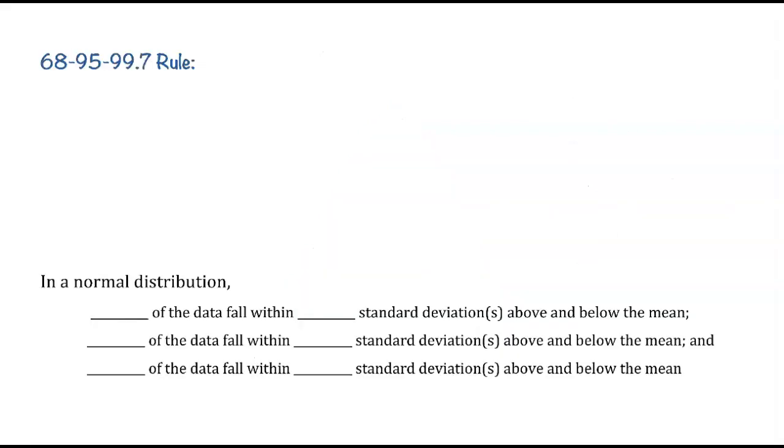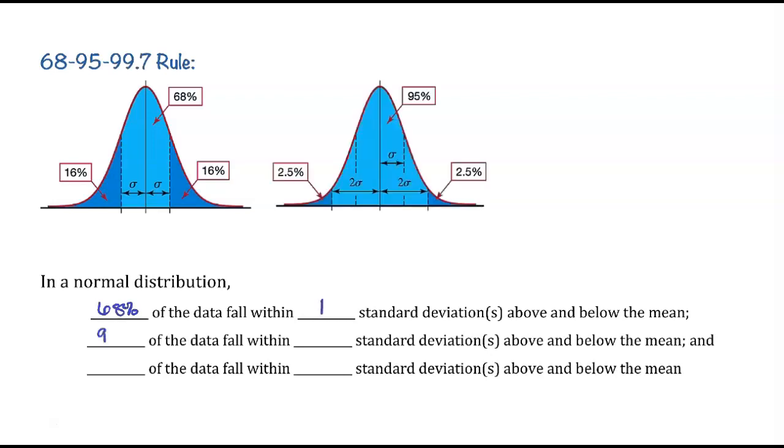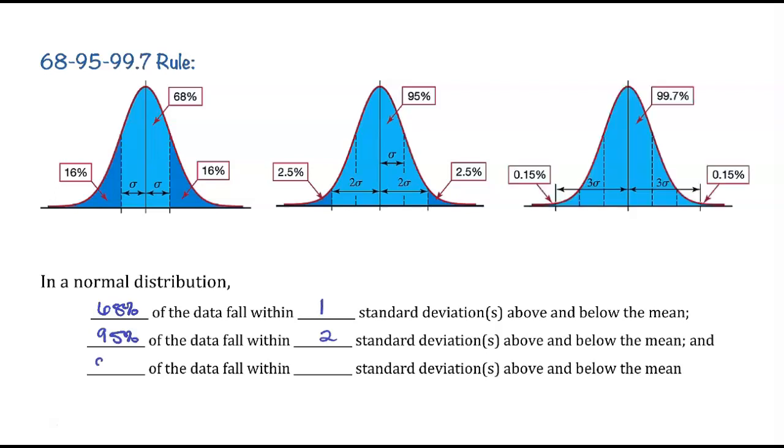Let's summarize the 68, 95, 99.7 rule. 68% of the data fall within one standard deviation above and below the mean. 95% of the data fall within two standard deviations above and below the mean. And 99.7% of the data fall within 3 standard deviations above and below the mean.